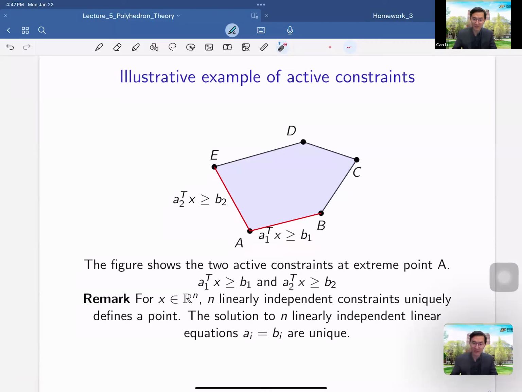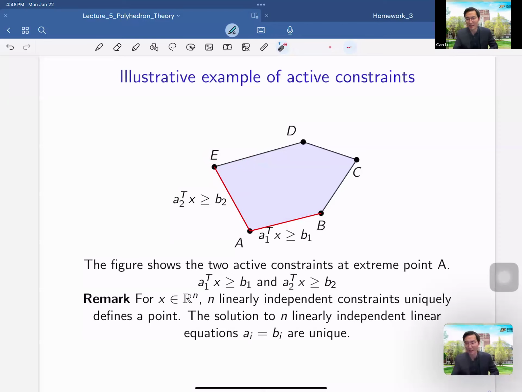So this figure shows that at this extreme point A, two of the inequality constraints, right? This inequality constraint says we have to be on this side of the region, and this inequality constraint constrains the polyhedron to be on this side of the region here, right? And at point A, two of those inequality constraints hold as equality constraints, right?